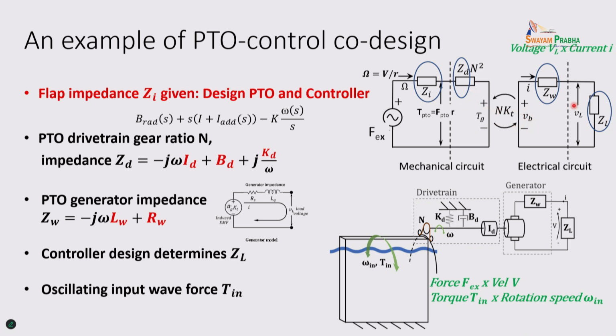You need to consider all this, right? Eventually, your maximum power output is achieved by looking into the voltage and current. That's the electricity you care about, right? A lot of the time we talk about torque times rotation speed, PTO torque times rotation speed.